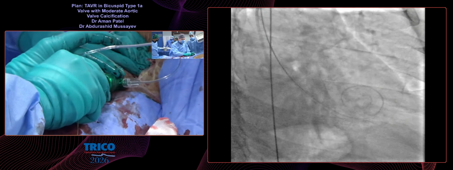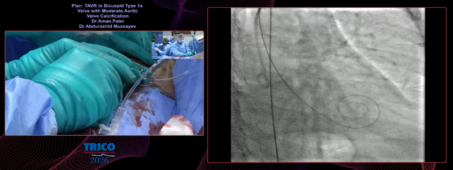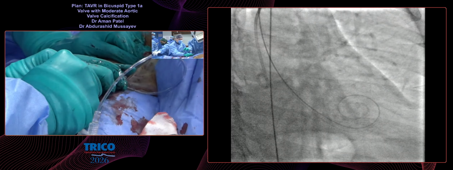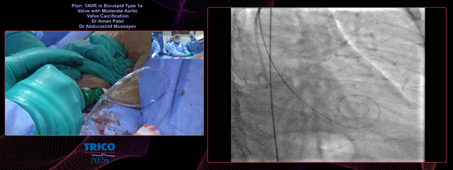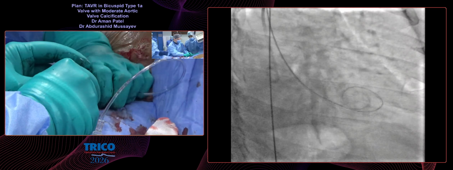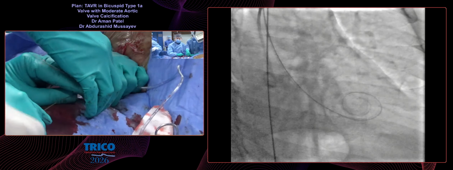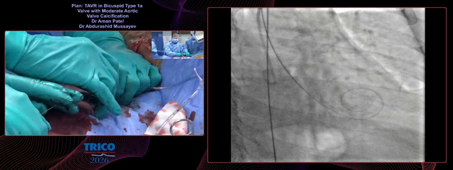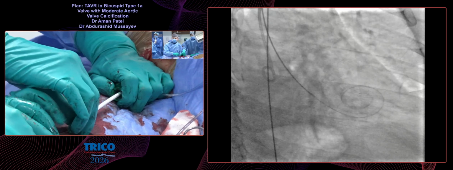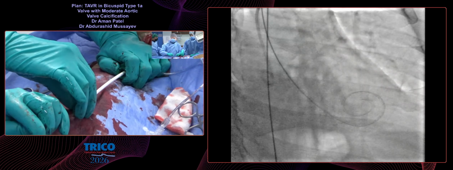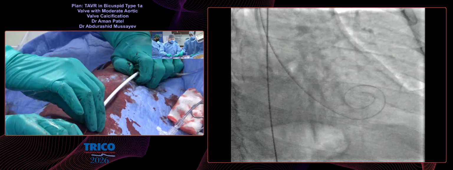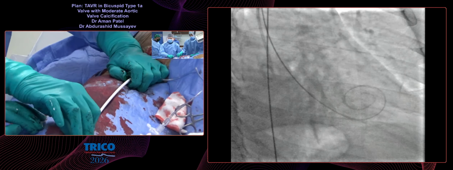Okay. Now we insert the Python sheath. Would you like to pre-dilate the Python? Yes, fix this one and remove the dilator, and I will fix the wire. Okay. So, Aman, is this sheath similar to the expandable sheath that we get with the Edwards valve? Is this a 14 French sheath?